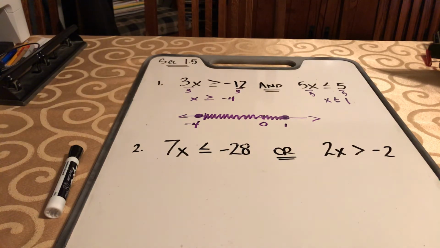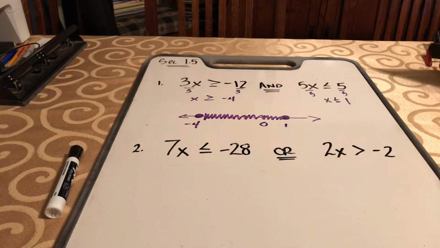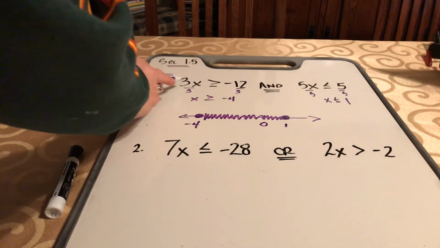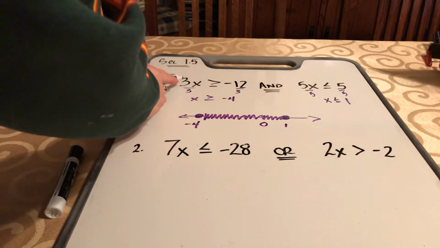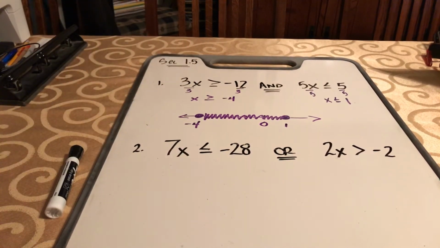You can always check to see if you shaded the right part of the number line. Any number in that shaded section, if I plug it into both inequalities, should make a true inequality. For example, 0 would be an easy number to choose and check. 0 is in my shaded section, so it should be a solution. If I take 0 and put it in here, 3 times 0 is 0, and 0 is greater than or equal to negative 12.